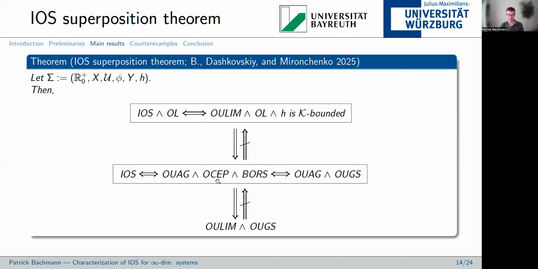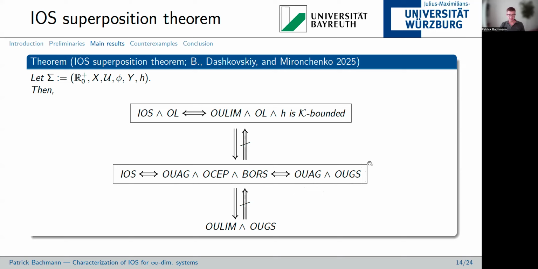Then the OCEP property was output continuity at the equilibrium point and bounded output reachability sets. This is the weakest notion that we found, and the strongest equivalent notion, so to say, is that it's also equivalent to the strong attractivity property and output uniform global stability.